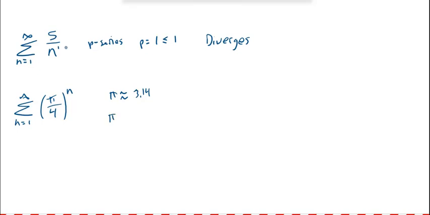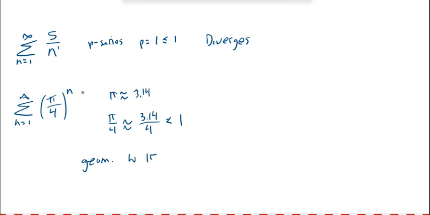So that means that pi over 4 is going to be approximately 3.14 divided by 4. And we know that that is less than 1. The reason why I'm looking at this and figuring out if it's less than 1 or not is because this has this n up here, which means that it's geometric.